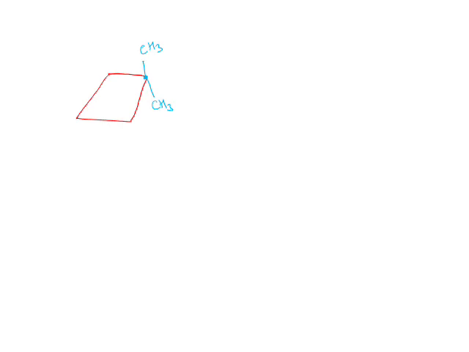So is it possible to have a cis and trans isomer for this particular structure? No. Why? Because the rule to make a cis and trans isomer is that both substituents should not be connected to the same carbon of the cycloalkane. In this case, both substituents are attached to the same carbon. So it's not possible to make a cis and trans isomer.